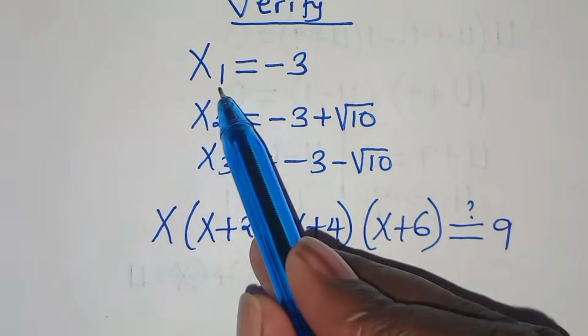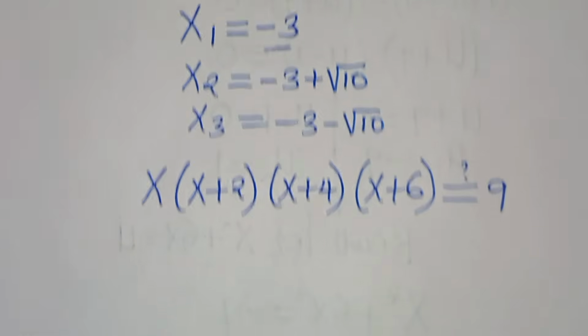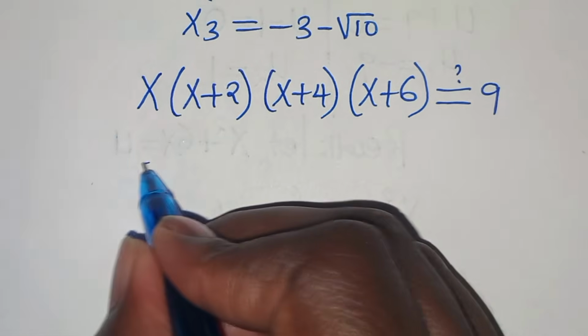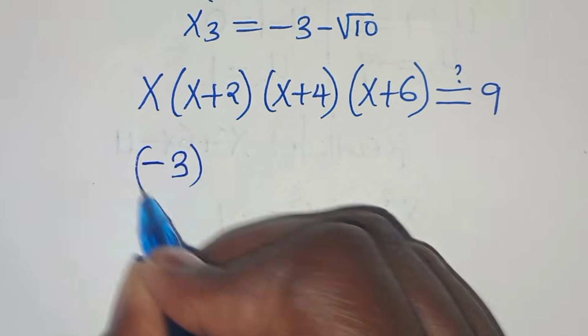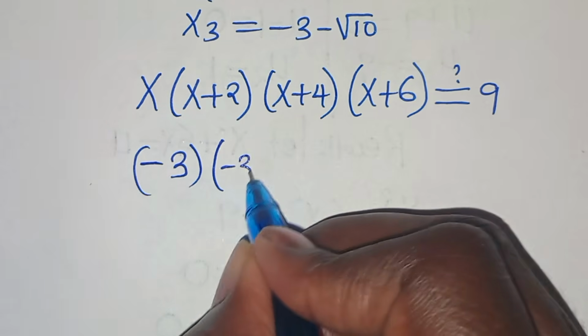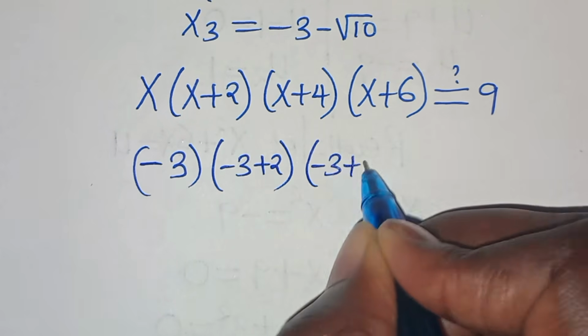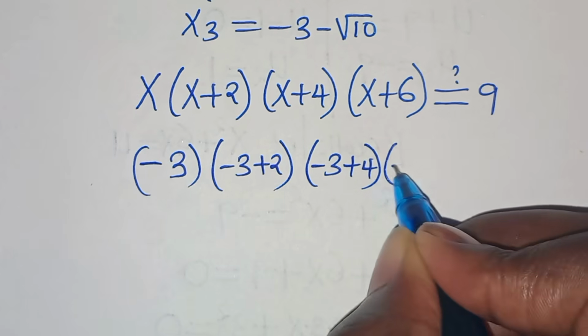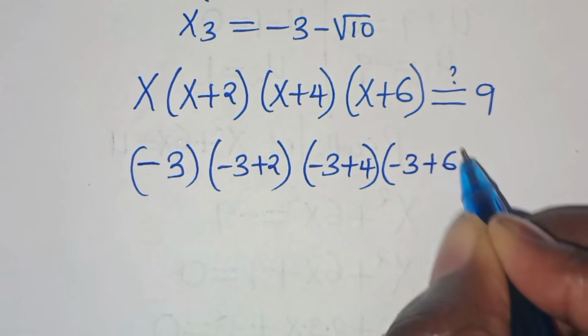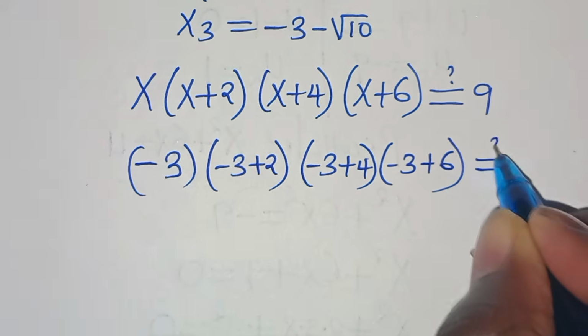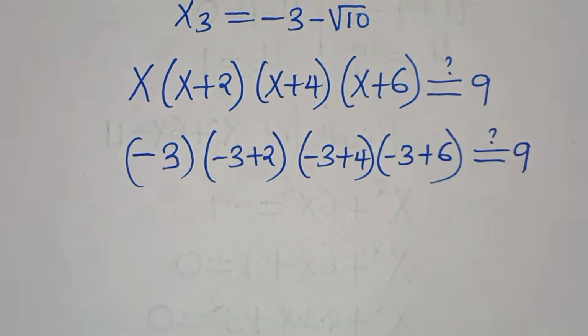Now let's substitute x1, which is minus 3, so that now we have minus 3 multiplied by minus 3 plus 2 multiplied by minus 3 plus 4 multiplied by minus 3 plus 6. This should give us a value of 9.